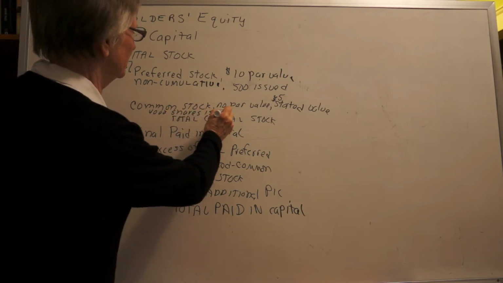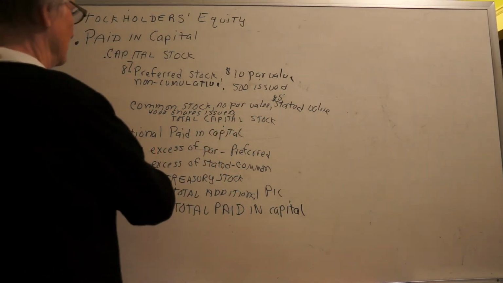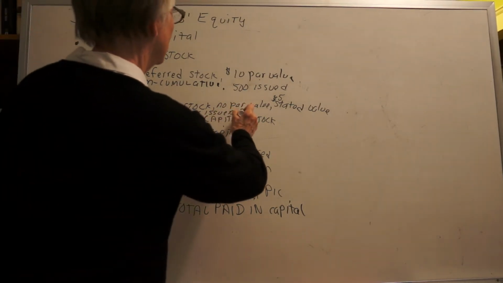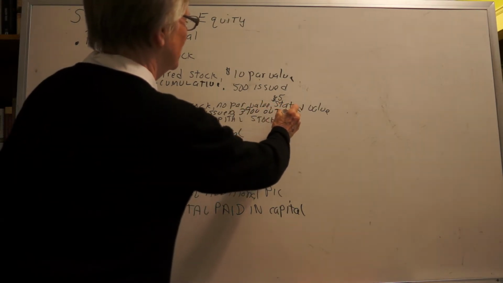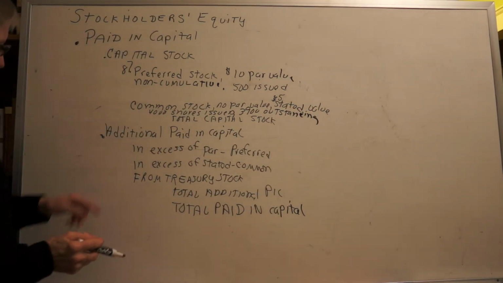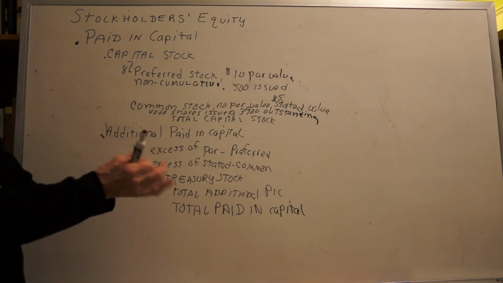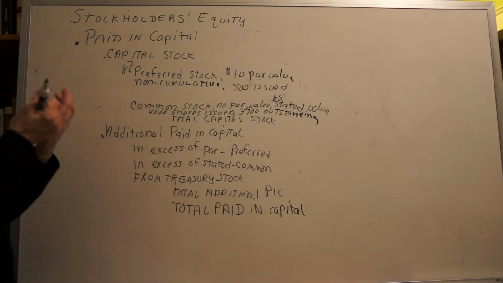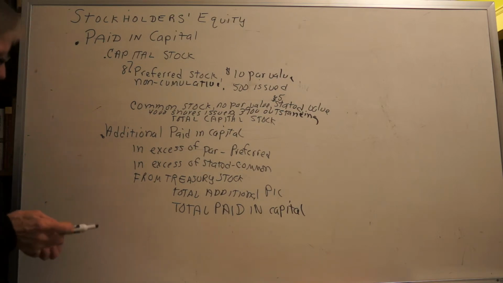I work much better in Excel. I just don't plan ahead well on this, but you can see it in the notes. I think it looks much better there. Why are only 3,900 outstanding? Because we've got some treasury stock involved. We issued a bunch of shares and then we bought some back, so there's less of our shares still outstanding. The ones held in treasury stock reduce that.